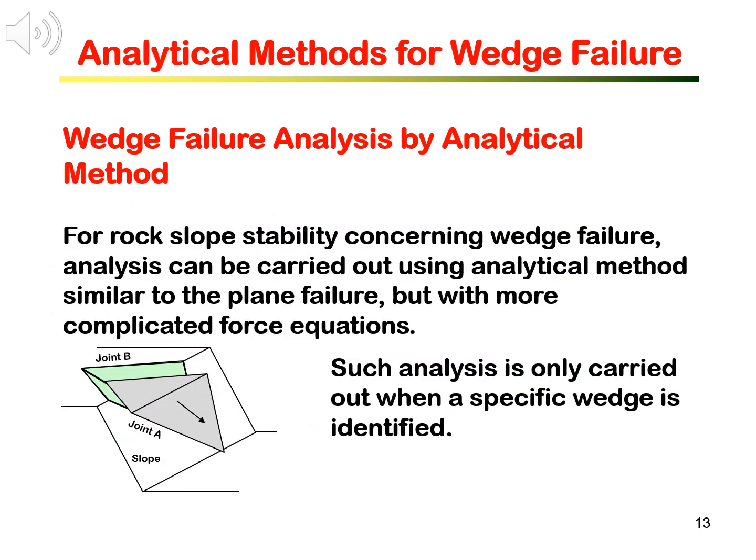For rock slope stability concerning wedge failure, analysis can be carried out using analytical method similar to the plane failure, but with more complicated force equations. Simply because of wedge failure, the sliding is on two planes that are forming the wedge.